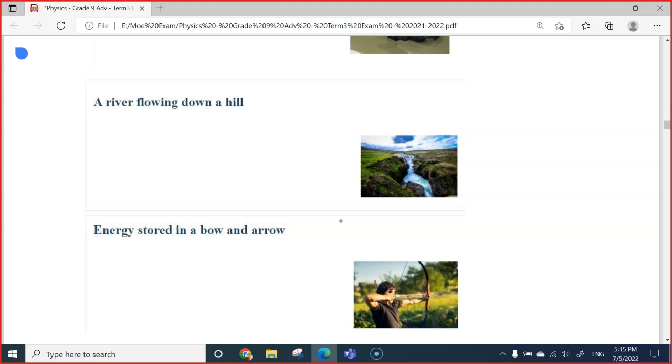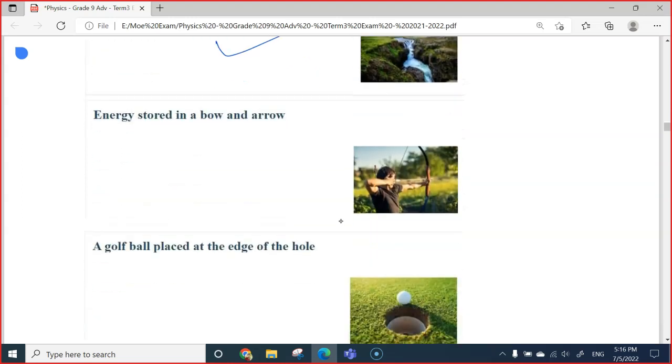A river flowing down a hill. The river is flowing, which means the river is moving. That is why it will have kinetic energy. So this example shows kinetic energy. Energy is stored in a bow and arrow. Here the string is not moving, so there is no kinetic energy.